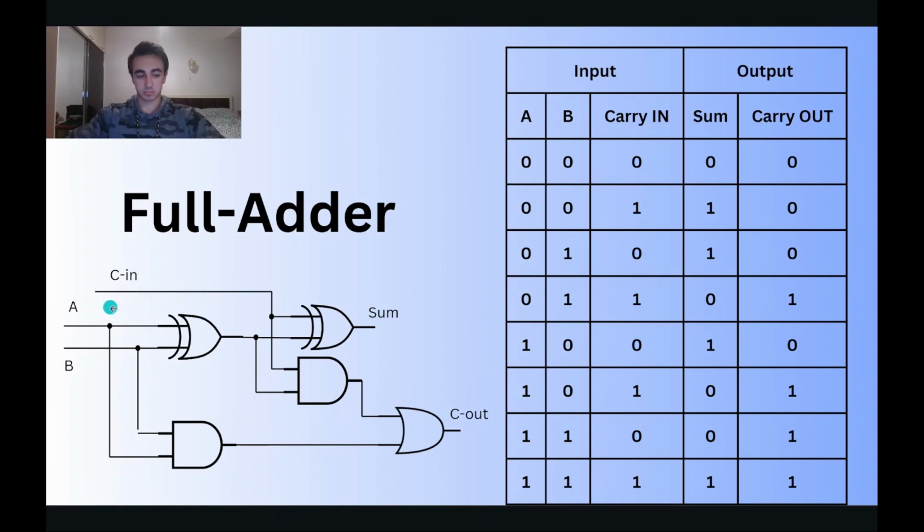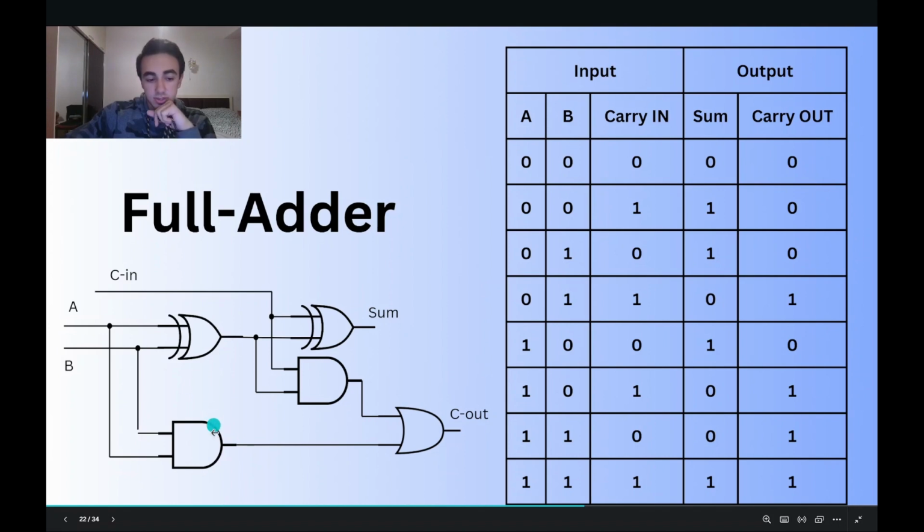Let's review this in an example. Let's take this case when A is 1, B is 0, and carry is 1. So A is 1, B is 1. Oh, no, A is 1, B is 0. XOR outputs 1, but AND outputs 0.